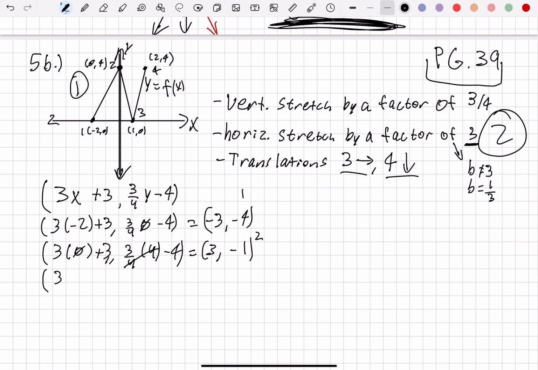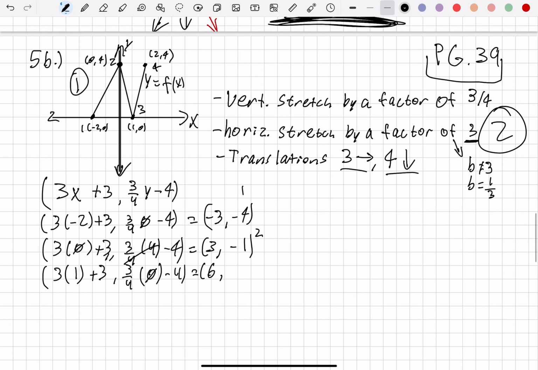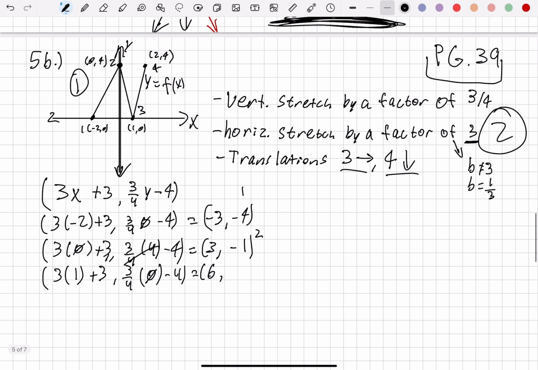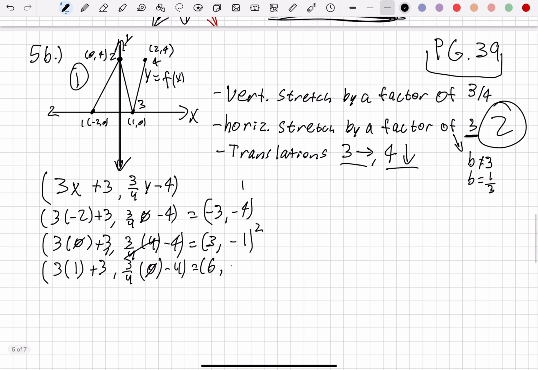And then we're going to go 3 times 1 plus 3, and then 3 over 4 times 0 minus 4. So that's now going to be 6, comma, negative 4. And that's going to be our third point.